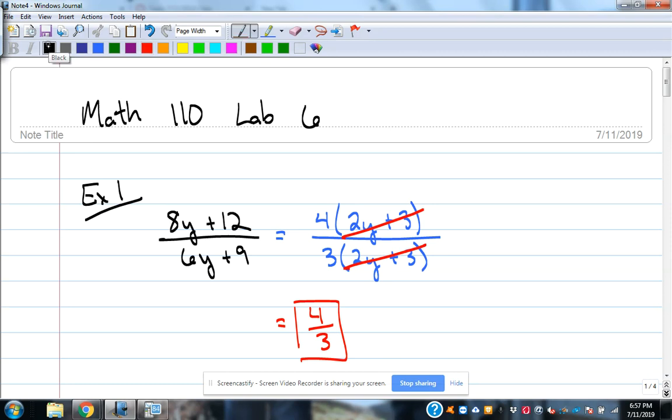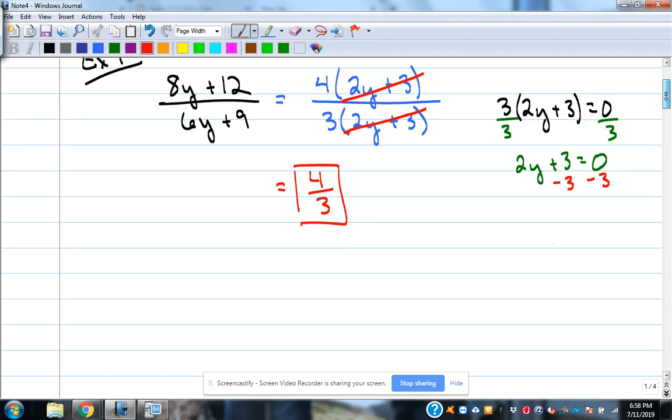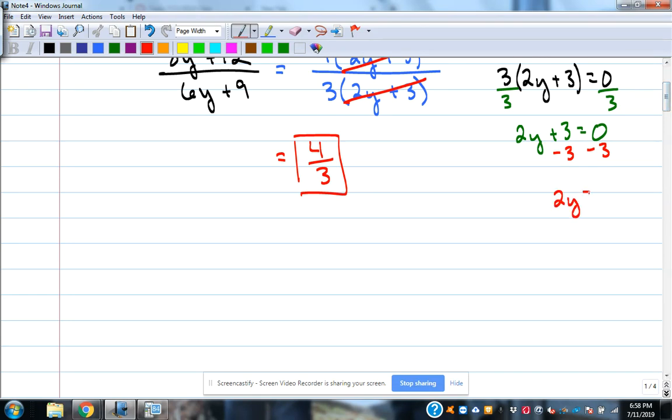If you were asked to find the domain of that, you would need to set 3 times parentheses 2y plus 3 equal to 0. When doing that, the 3 divided by 3 goes away and gets us 2y plus 3 equals 0. And then you would solve that equation by subtracting 3, and that would give us 2y is equal to negative 3, divided by 2, and y is negative 3 over 2.